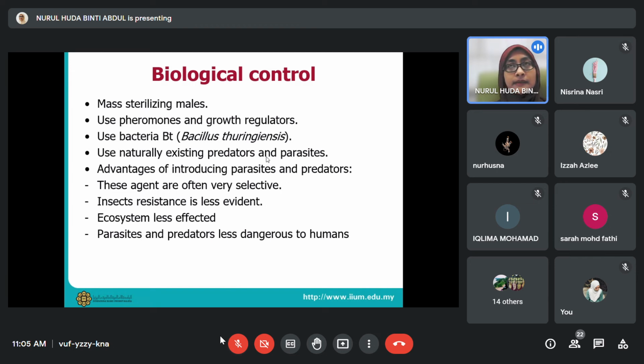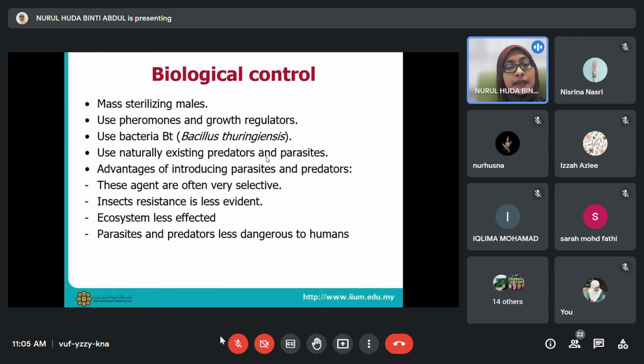Because predators or parasitoids appear naturally in the environment, usually pests won't come out with resistance toward their enemy, or towards their parasitoid.